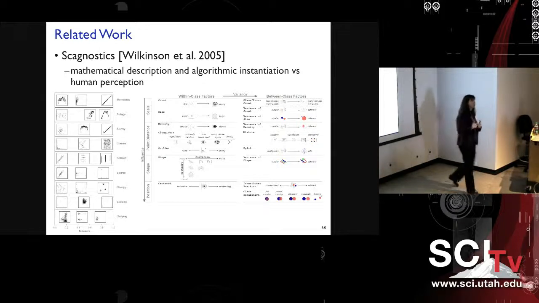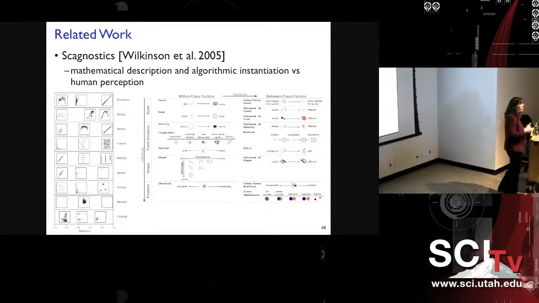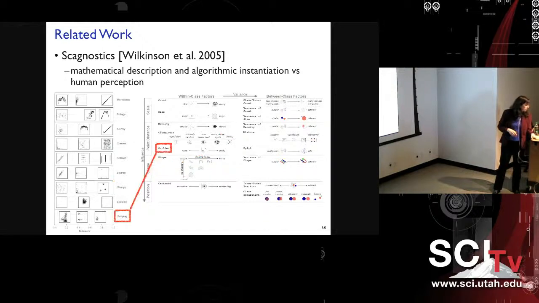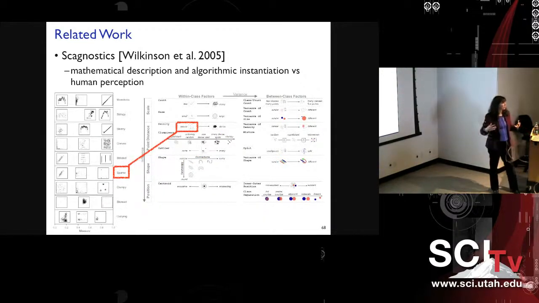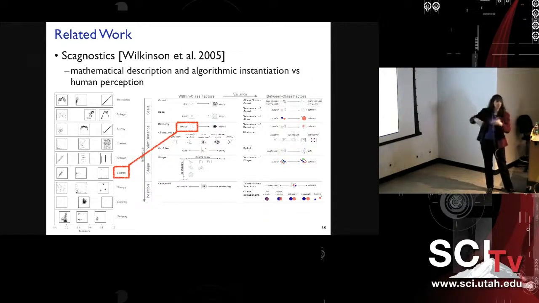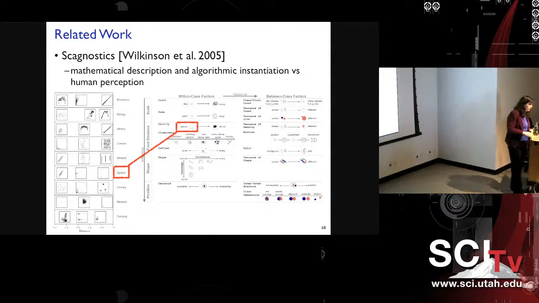So we aren't worried about whether we can algorithmically instantiate them, but we are worried about what people notice. And so there are some interesting areas where they actually come together. We both had this idea that things like outliers matter, things like the sparsity of the data set matter, but there are a lot of other places where there's quite a bit of detail in this taxonomy that you can't get out of the scagnostics work.